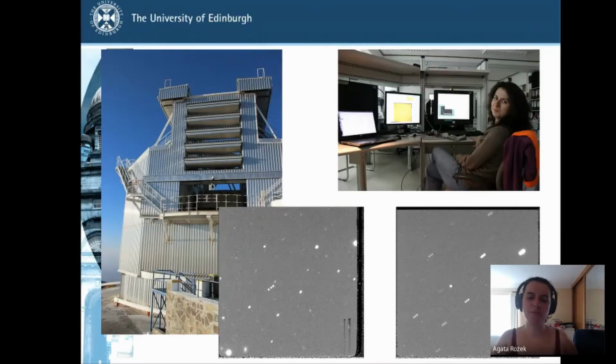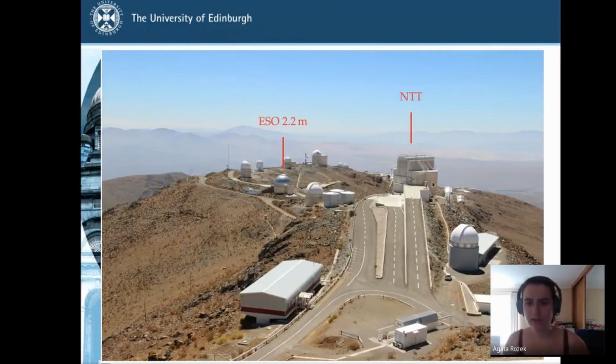So a typical observing run at such a telescope looks like this. You sit in front of a computer in a control room. Actually, when you look at the site here, that's the entity here. This picture was taken from a different telescope. And between the buildings, you can see the roof of a hotel in which the astronomers sleep.